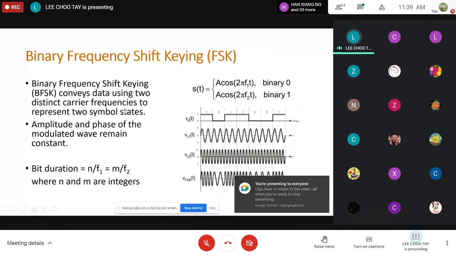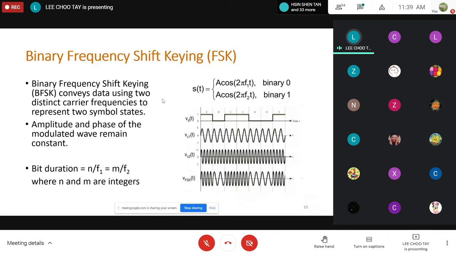All right, so let's move on to FSK. We're going to look at binary frequency shift keying. As the name binary suggests, we use two different frequencies.